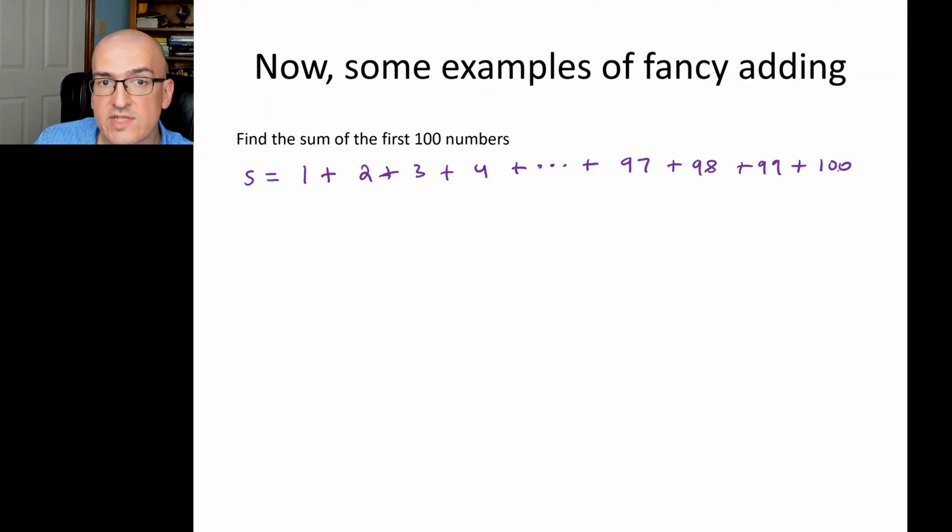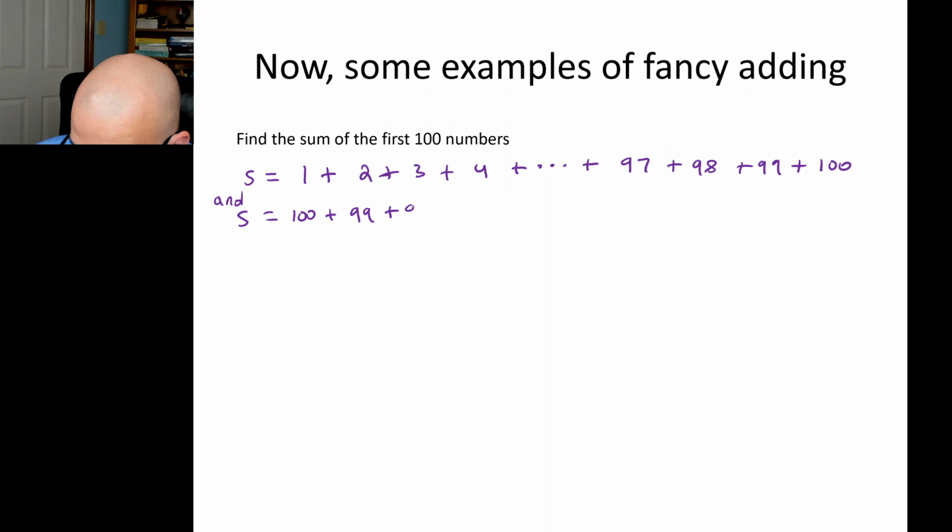And I also know that the same sum can be obtained by reversing the order of addition. But S is also equal to 100 plus 99 plus 98 plus 97 plus dot dot dot plus 4 plus 3 plus 2 plus 1.